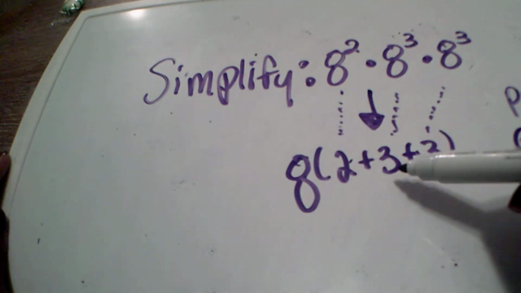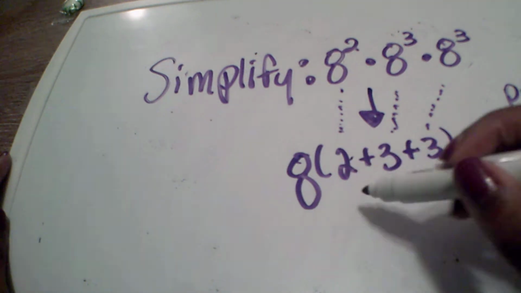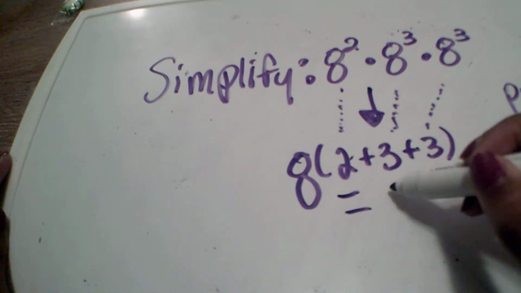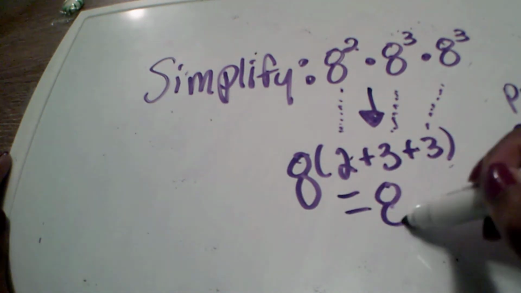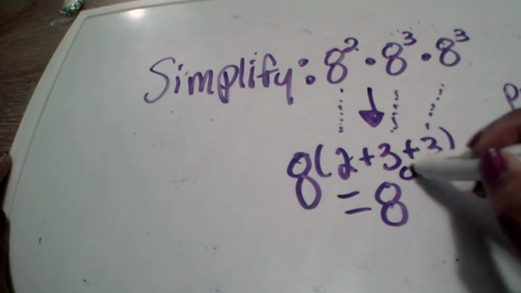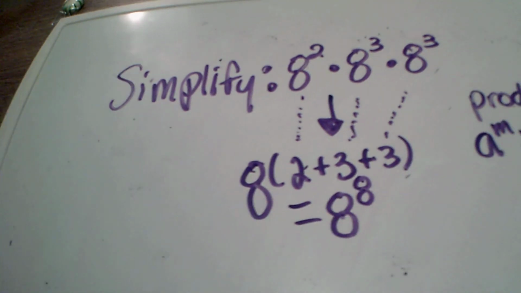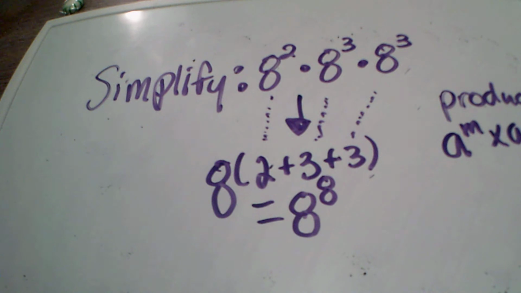Alright, 2 plus 3 is 5. 5 plus 3 is what? 8. So when we write this answer, we have 8 to the 8th power. That is how we simplify that problem. And the answer choices give us a single exponent, so we do not have to simplify any further.